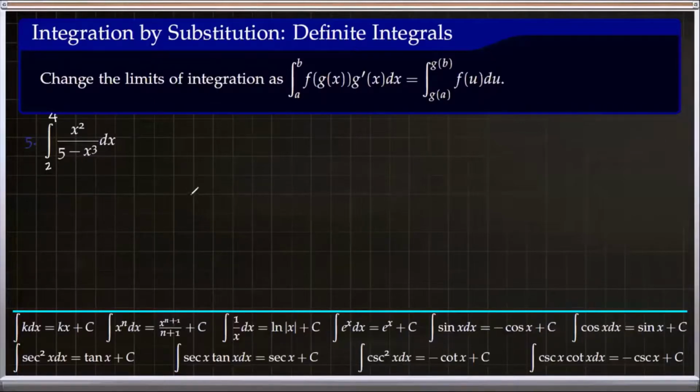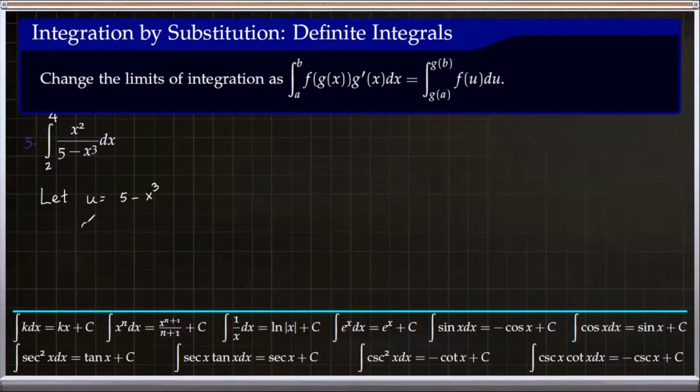This is the last example we have in this video. So here we want to find the integral of x squared over 5 minus x cubed from 2 to 4. The first step is to notice that u is 5 minus x cubed.